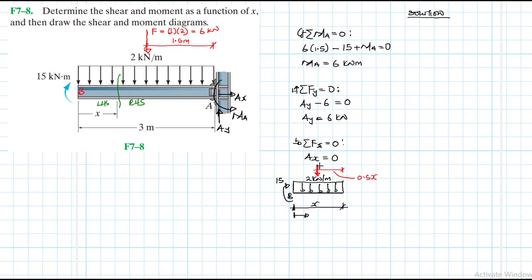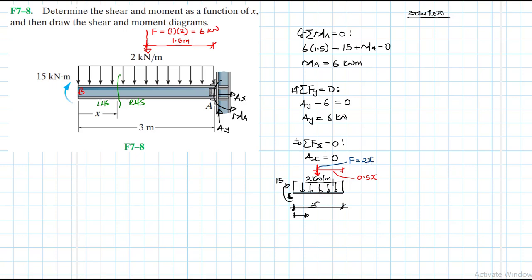And then this load here is going to be equal to F, the area under the load diagram. So the length is x, and the value of this distributed load is 2. So it is going to be 2 times the length, which is x. Therefore it is 2x.